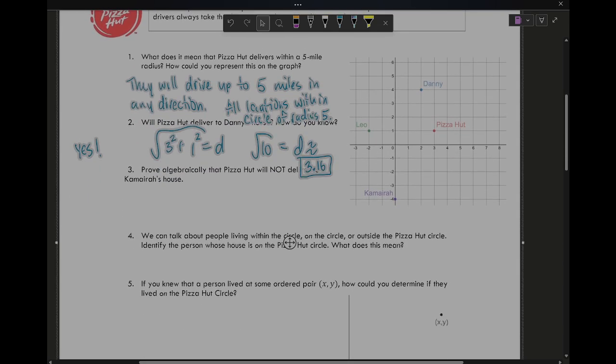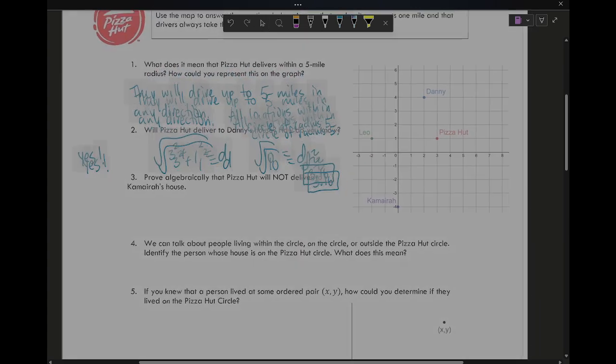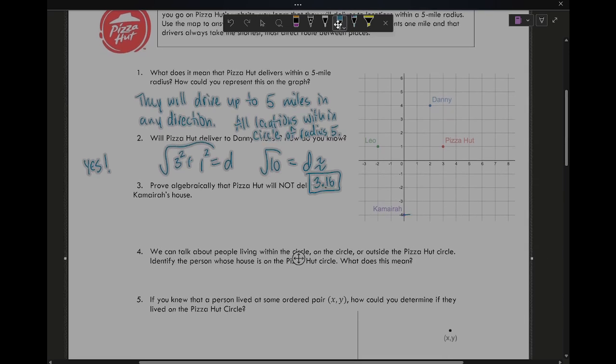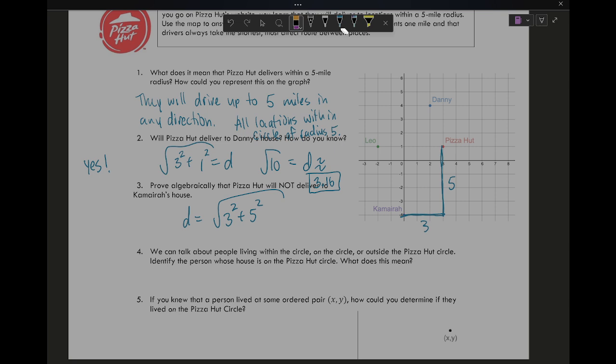Anyways, so this is 3. This is 5. And the distance is equal to the square root of 3 squared plus 5 squared. That's 9 plus 25. 9 plus 25 is what? 34? Why did it take me that long?